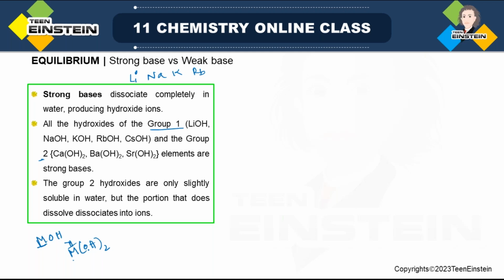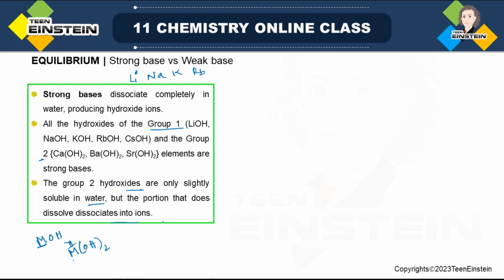Just take KOH: all the molecules of KOH will be dissociated into K+ cation and HO- anion, right? Though it is true that group 2 hydroxides do not have good solubility in water, that is a different issue. But you have to remember that the fraction of these hydroxides that is in the dissolved state, in that portion there is complete dissociation.